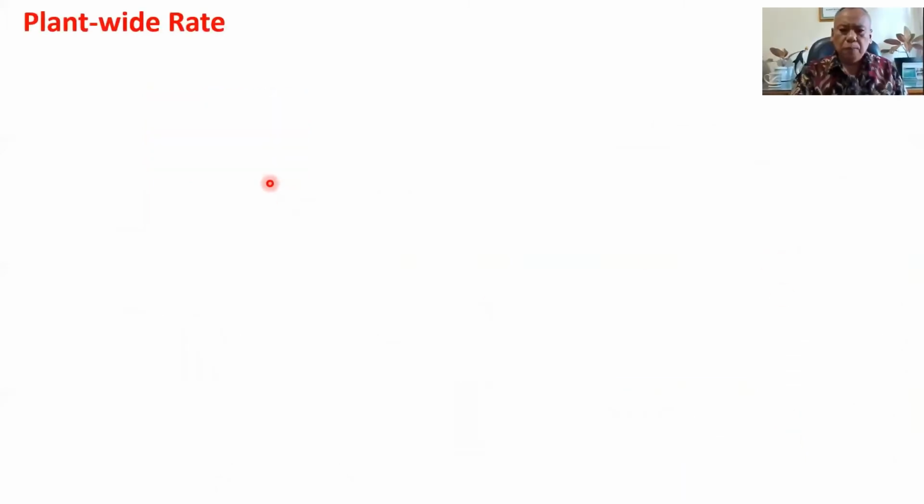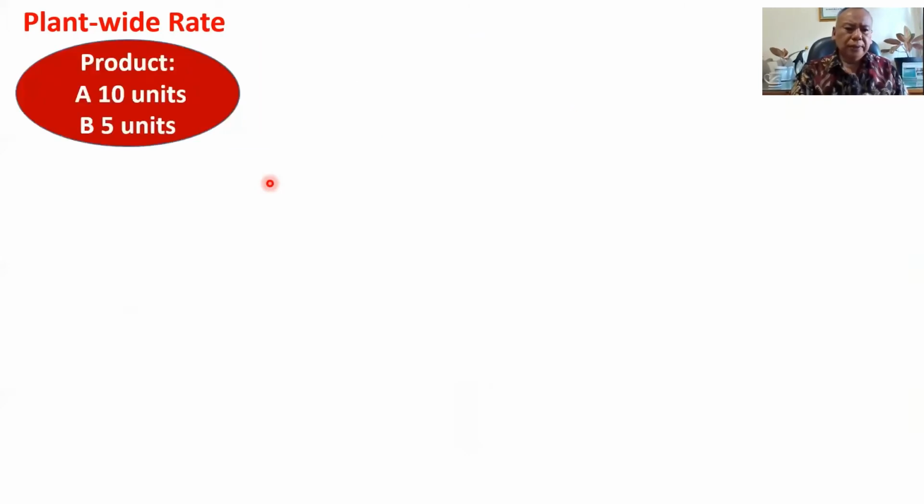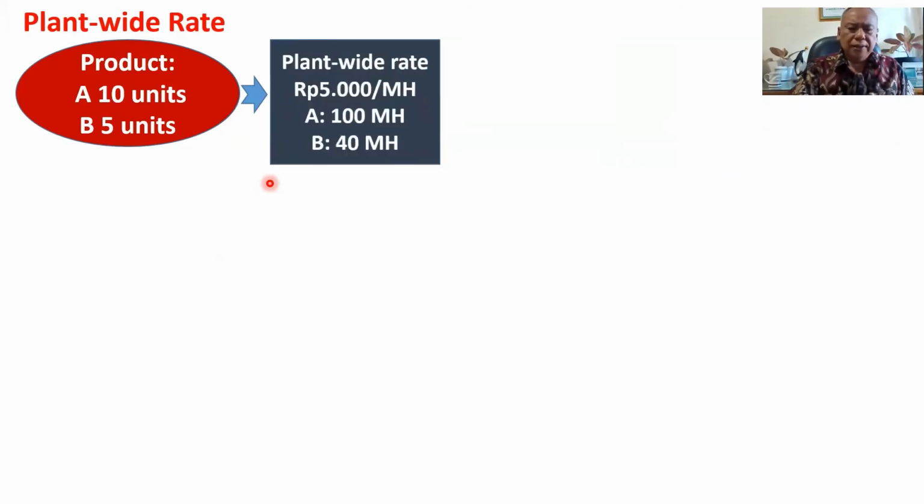So we can compare the plant-wide rate and the departmental rate. For example, in this case, as we discussed earlier, we produce product A, 10 units, and product B, 5 units. And the cost pool is the plant-wide rate.